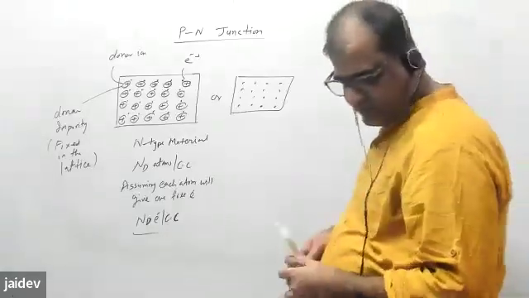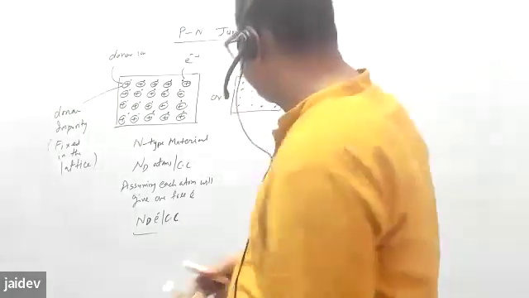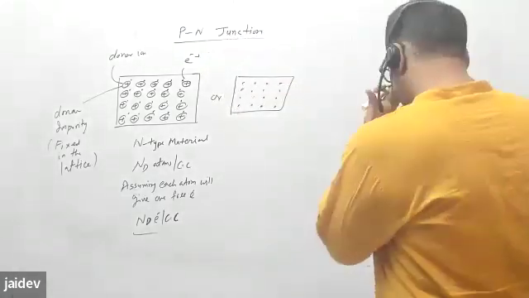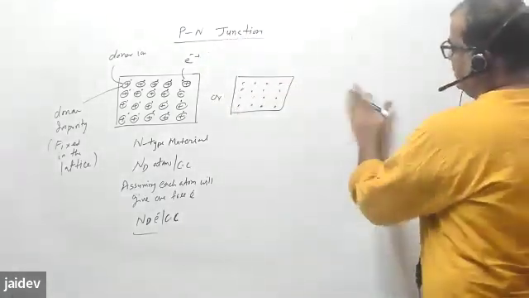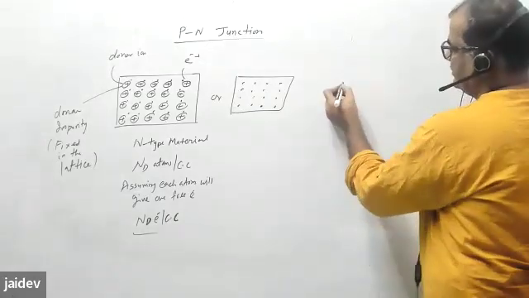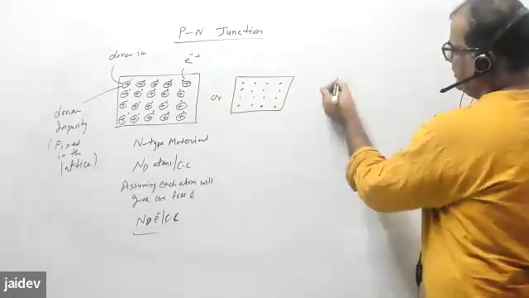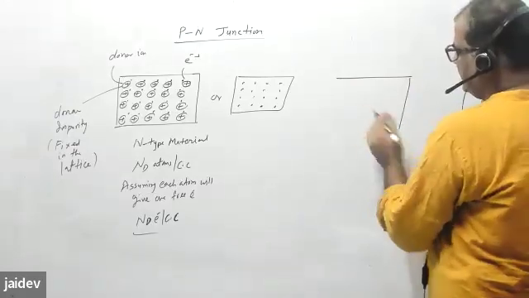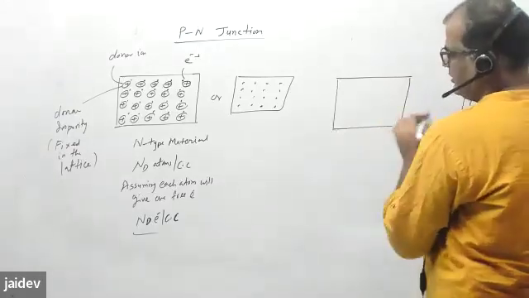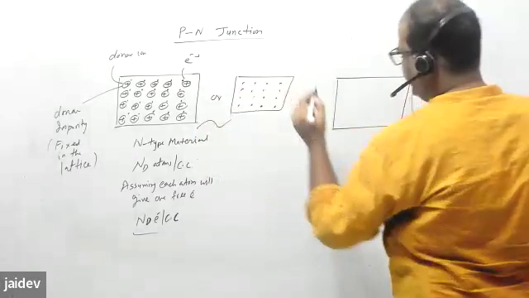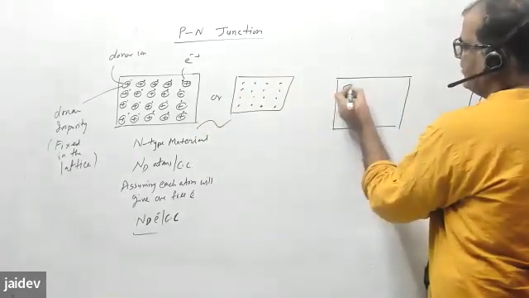Similarly, if you want to draw a p-type material, what is p-type material? In p-type material, the impurity is negatively ionized.